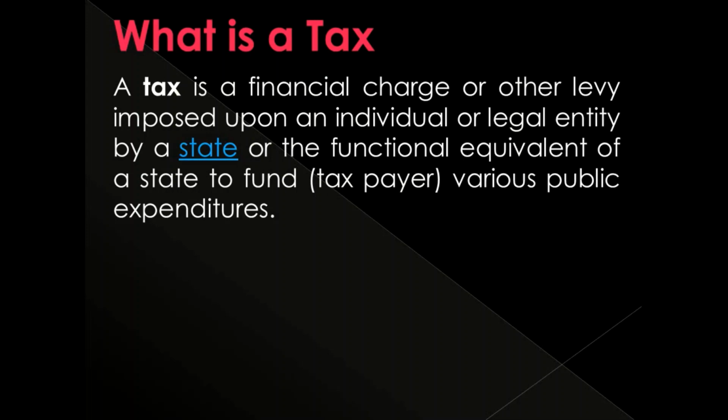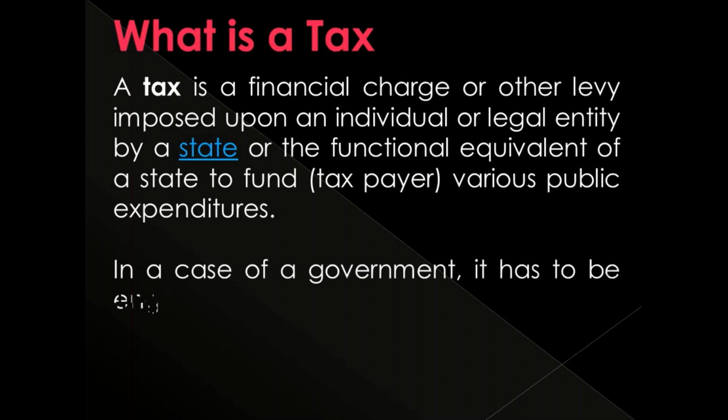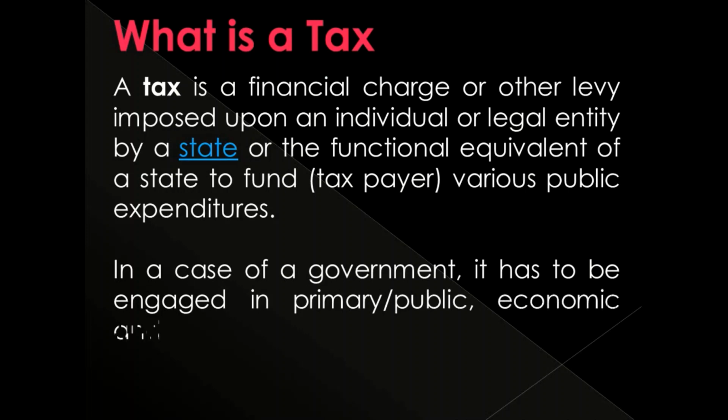Further to that, we need to understand what the government has to do by using this collected tax revenue. It says that a government has to be engaged in primary or public, economic and social activity. What does it mean? The government has now collected tax revenue for funding various public expenditures.